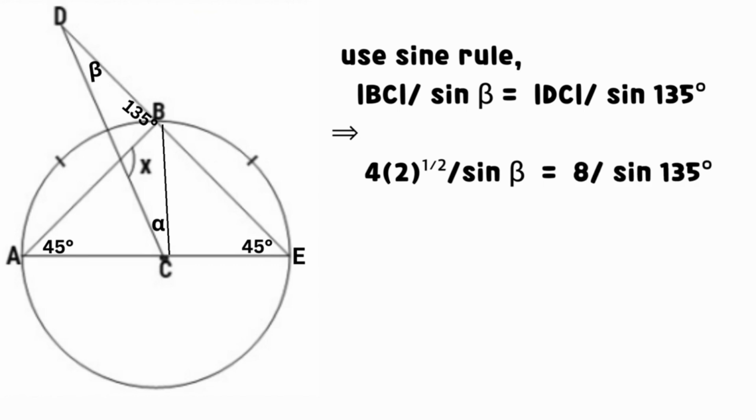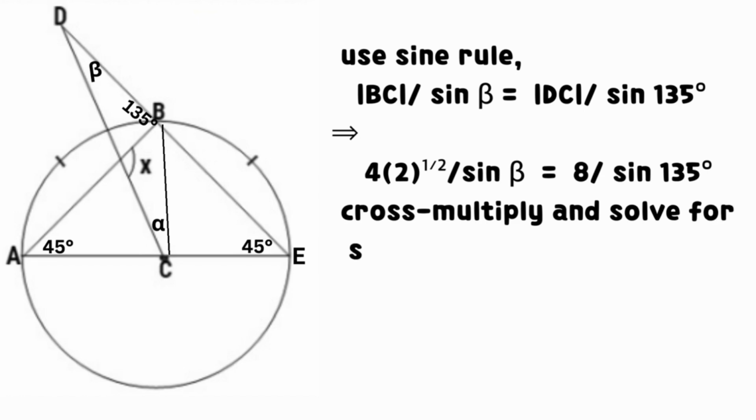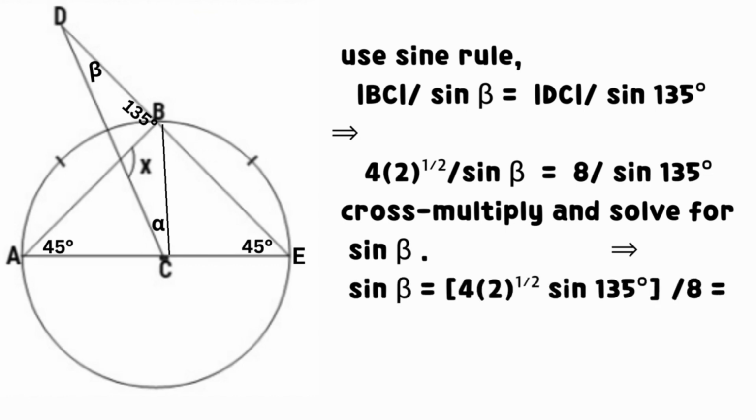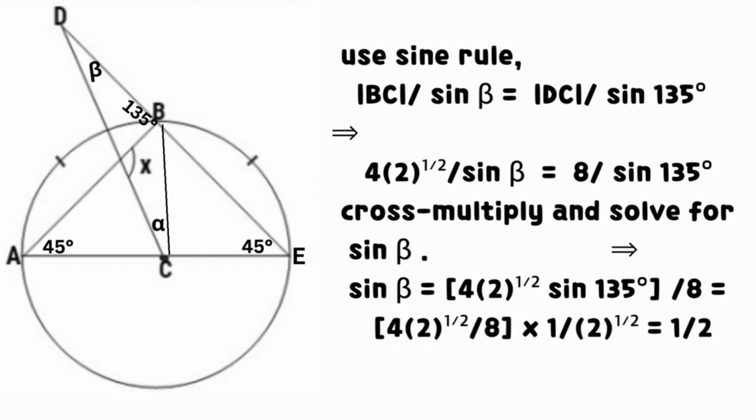We have that the product of 4 and the square root of 2 all divided by sine beta equals 8 divided by sine 135 degrees. Cross multiply and solve for sine beta. We have that sine beta equals half after simplification.